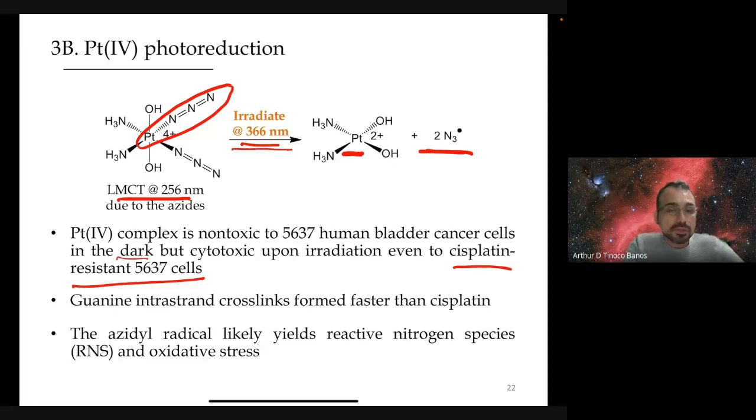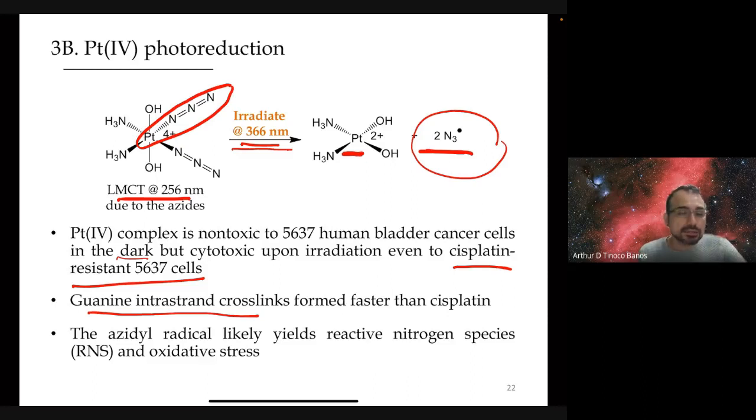What has been observed is that after irradiation, guanine intrastrand crosslinks are generated much faster than with cisplatin, and the azido radical that forms likely yields reactive nitrogen species and can generate oxidative stress. So you have the built-in feature of the platinum component, but also that azido radical that can have its effect.